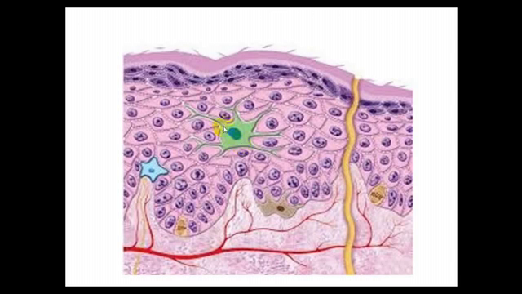So these melanocytes make a structure called melanosomes. And after many interfering factors, it reaches the formation of melanin.